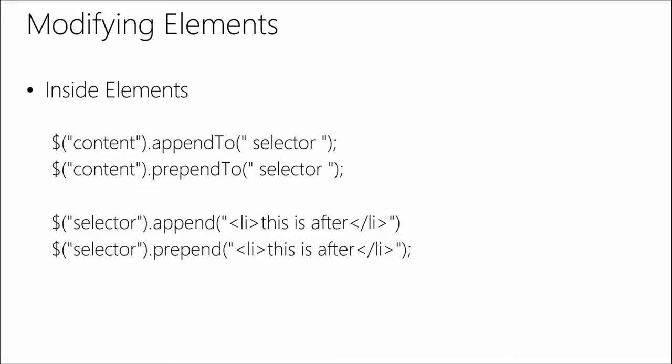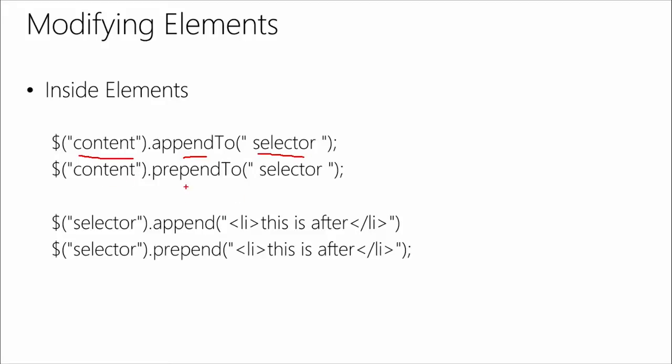The first one would be that we take the content that we want. So this could be the same stuff that would have been in maybe the HTML method from the last slide or anything like that. And then I could tell it to append to some selector. So it could be all of the paragraphs or something by class or whatever kind of selector I'm going to use. I'm going to append content to that selector.